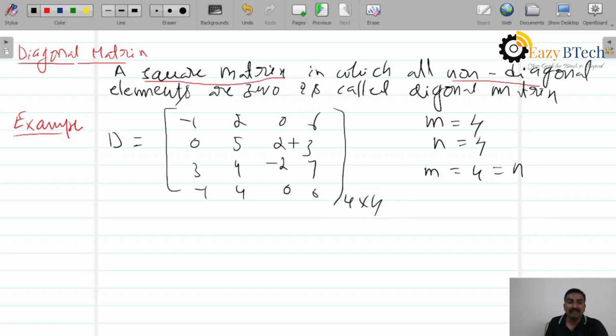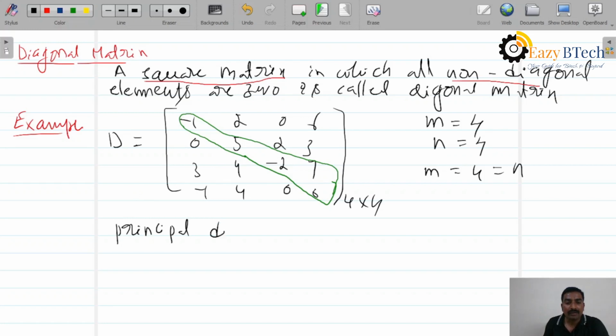So if it is a square matrix, we can find the principal diagonal. First see the principal diagonal. What is the principal diagonal here? This is the first row first element, second row second element, third row third element, and fourth row fourth element. This is called the principal diagonal. These elements are called the principal diagonal elements.